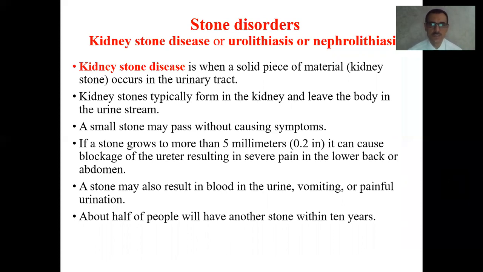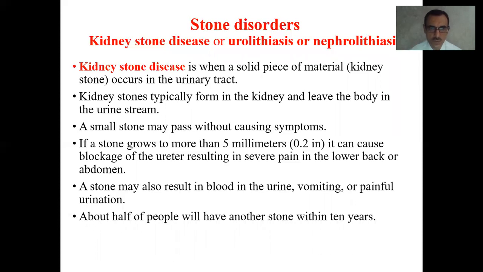Kidney stone disease is also known as urolithiasis or nephrolithiasis. Kidney stone disease is when a solid piece of material, a kidney stone, occurs in the urinary tract. Kidney stones typically form in the kidney and leave the body in the urine stream. A small stone may pass without causing symptoms.